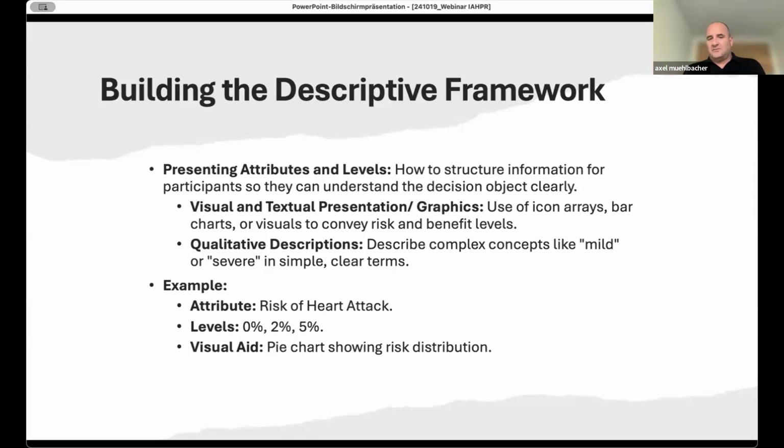So for example, if we use the example of the risk of a heart attack, the attribute would be the risk. The levels would be 0%, 2%, and 5%. And we actually could add a visual aid of a pie chart showing the risk distribution of that specific level.